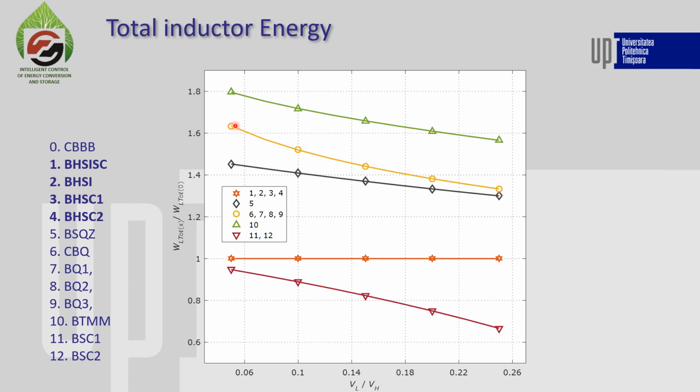Next, with almost 60% more inductor energy, we see the quadratic converters. All the quadratic converters require the same inductor energy. And finally, with almost 80% more, we have the triangular modular multi-level converter, with, of course, almost 80% more inductive energy.